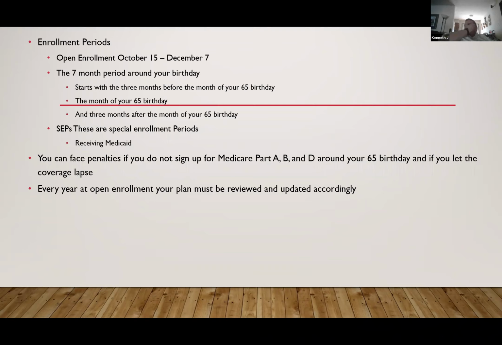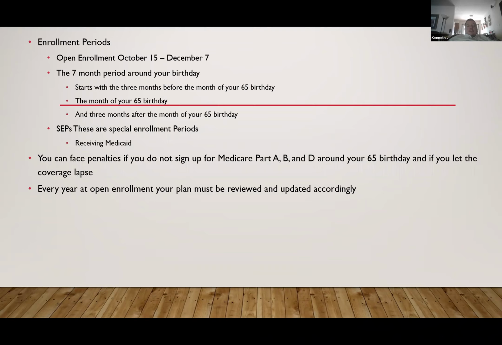They get an SEP to be able to sign up for coverage in their new area. Basically, a plan stops covering in a certain area and drops the client. They get a SEP to be able to sign up for a new plan. So these are your SEPs.